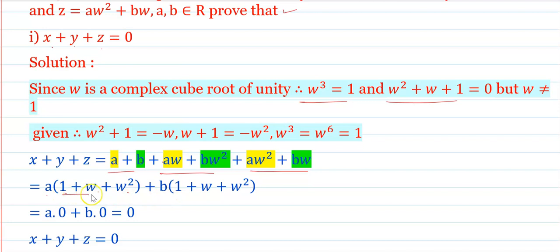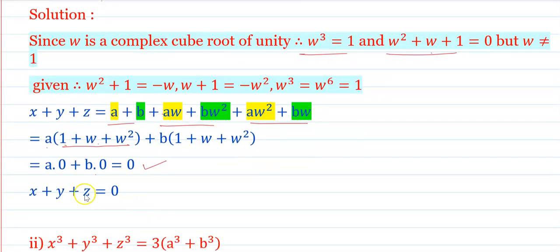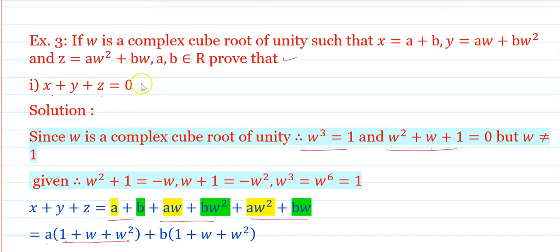What is the value of 1 plus omega plus omega square? That's equals to 0. Therefore, 0 into a is 0, 0 into b, you will get 0. 0 plus 0, you will get 0. And hence, x plus y plus z is equals to 0. And hence, it is proved. This is the first one.